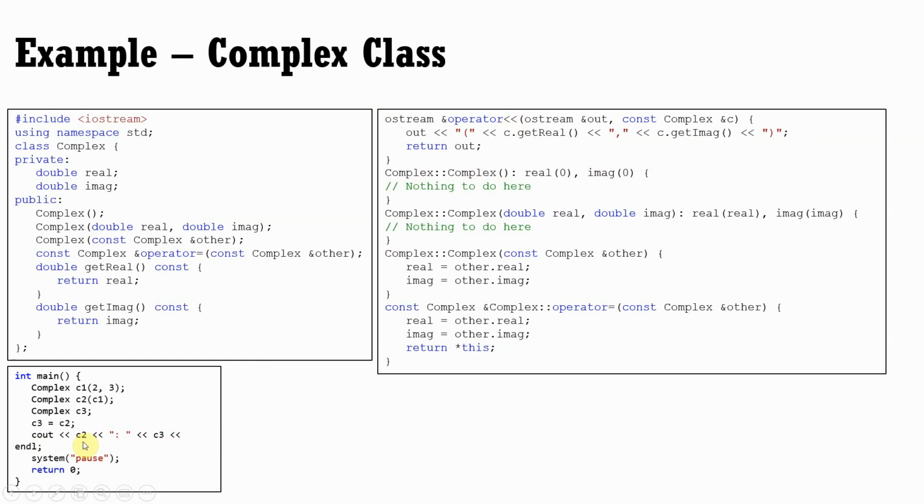What do you mean, I want to print an object? Which part of it do you want to display? So we have overloaded this operator as well. This is also operator overloading.